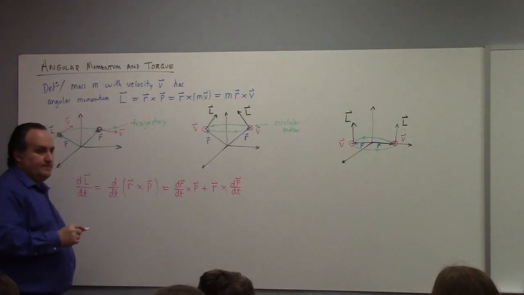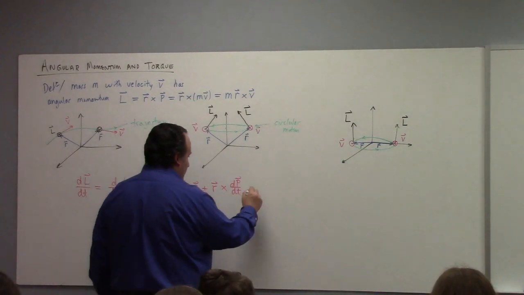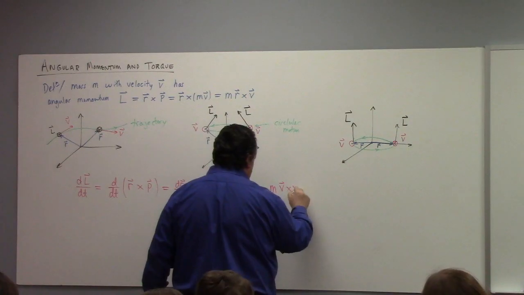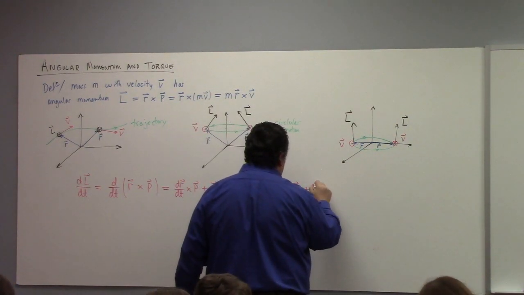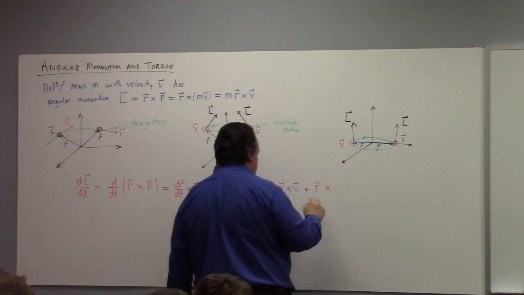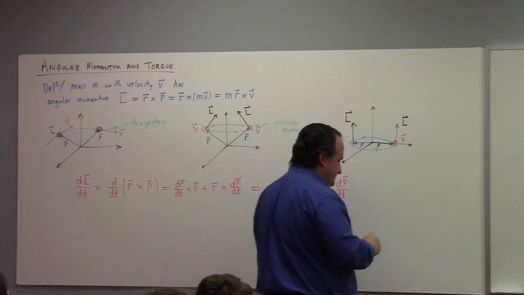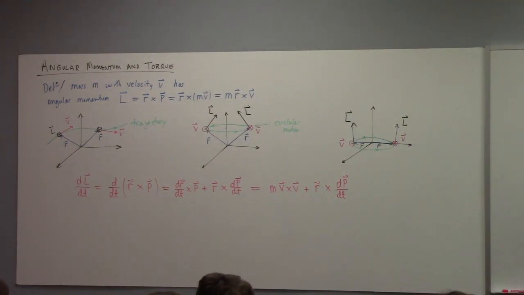Or let's write this out a little bit more. I'll pull the mass out. We've got mass, the velocity cross the velocity, plus r cross dp/dt. So you tell me what happens here.